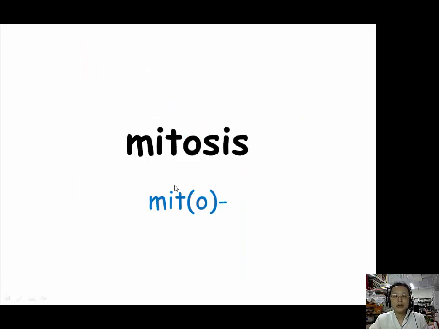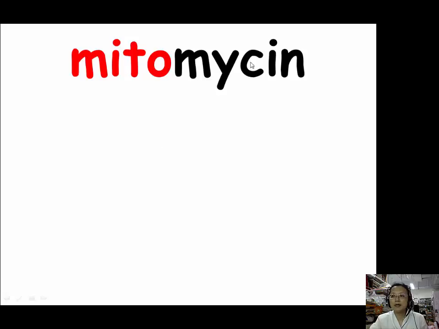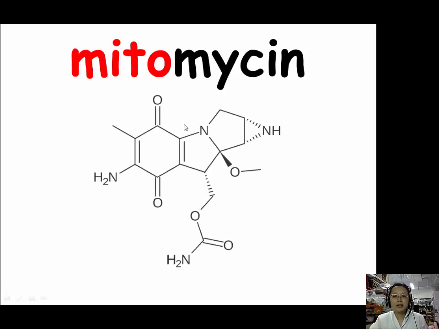For mitosis, we use this prefix mito, M-I-T-O. And our example is mitomycin. The structure of mitomycin is shown here. Mitomycin actually refers to any of a group of anti-tumor antibiotics produced by Streptomyces.